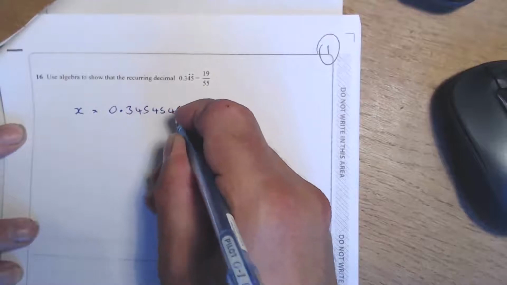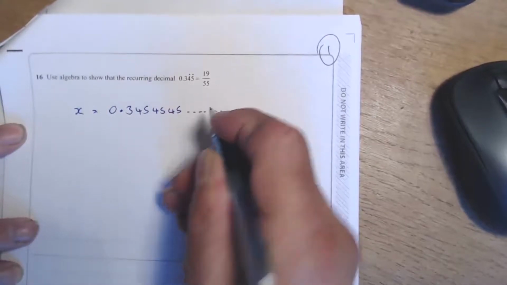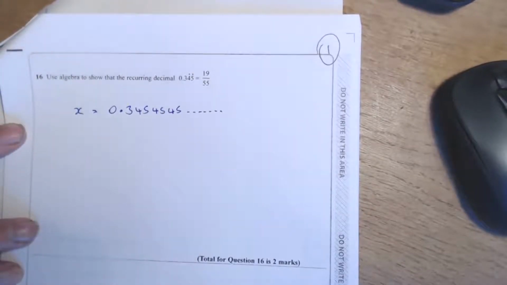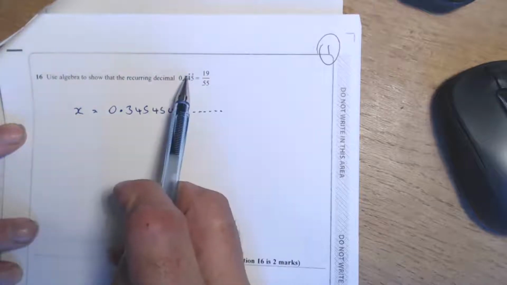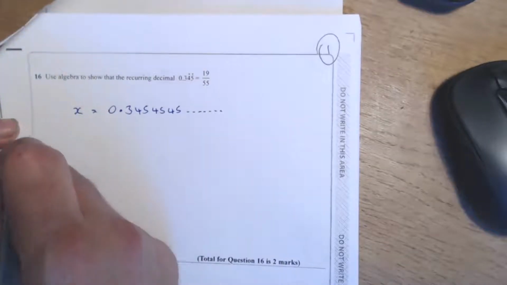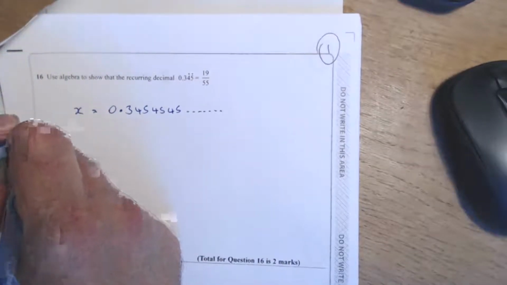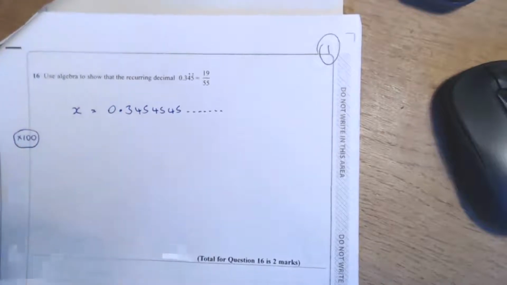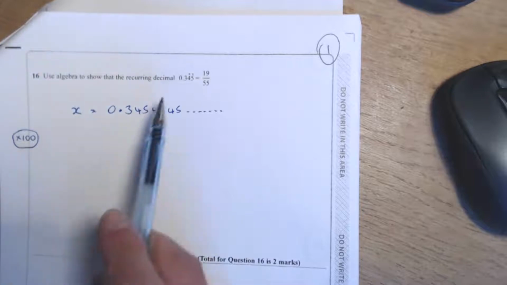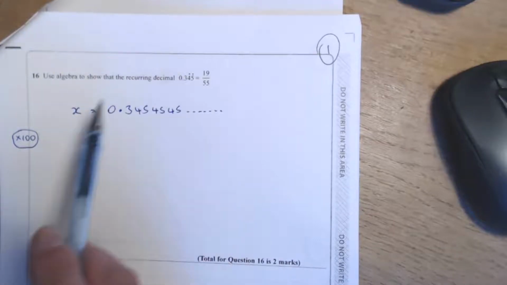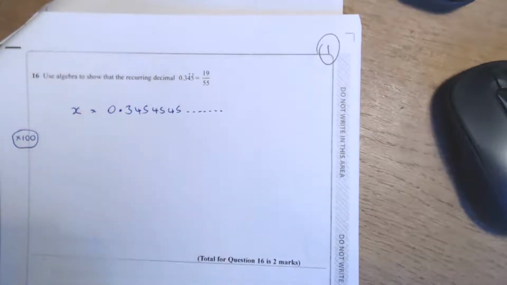So 45, 45, 45, and so on. Now, because we've got 2 dots, you're going to choose to multiply by 100. The way to remember that is 2 dots, 2 zeros. If you had 1 dot, multiply by 10.